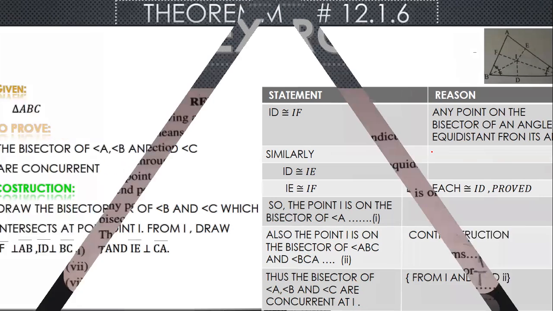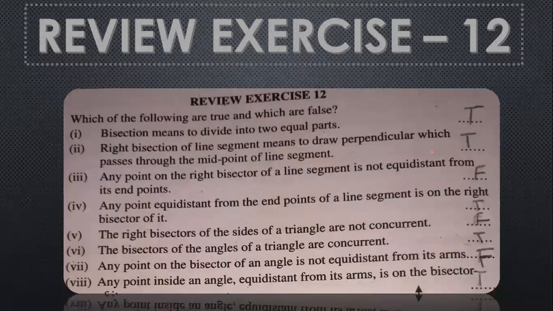Okay students, we have a review exercise. True and false statements are given here, but you know that we can also make MCQs of these statements. The first one: bisection means to divide into two equal parts. True. Right bisection of a line segment means to draw a perpendicular which passes through the midpoint of the line segment.